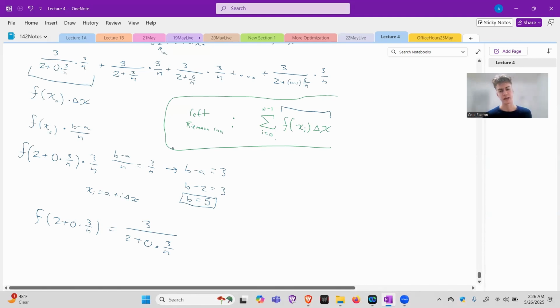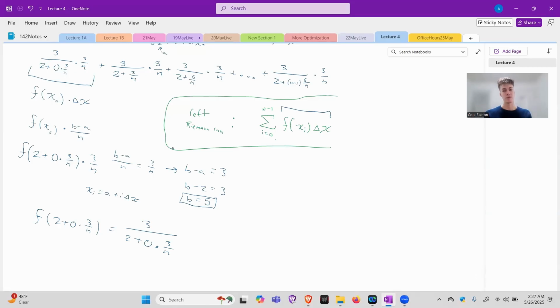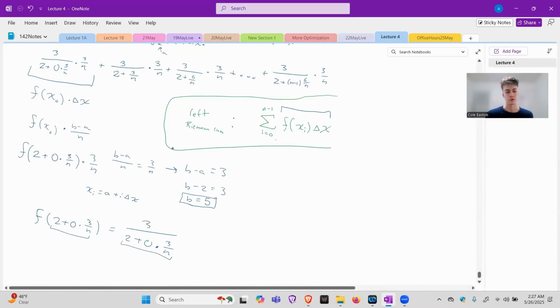And there isn't really any official algebra that we can do here. We just need to look at this. We're saying f of 2 plus 0 times 3 over n equals this, and we notice that this thing right here is the thing that we have in the denominator here. So what function am I plugging that into?